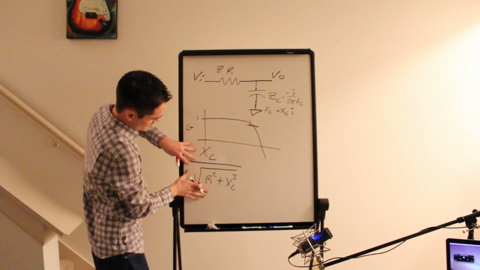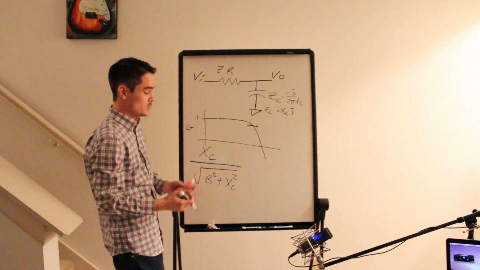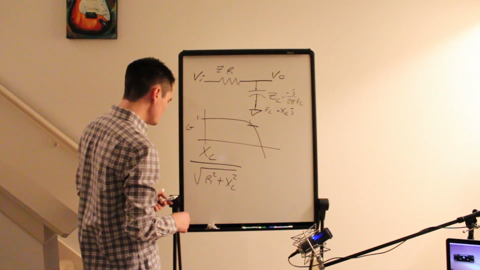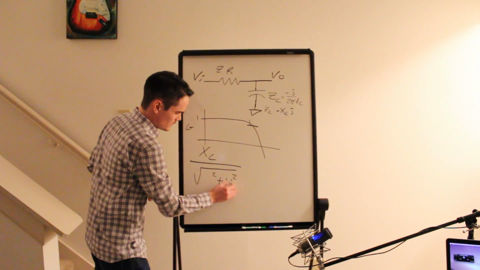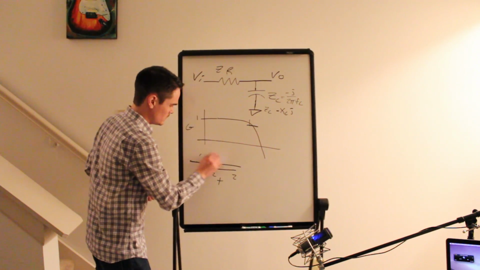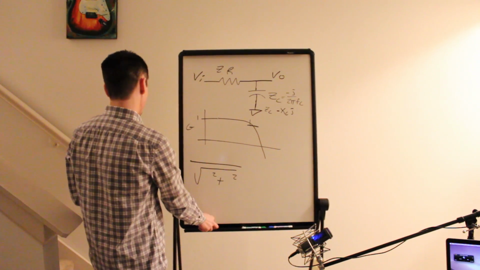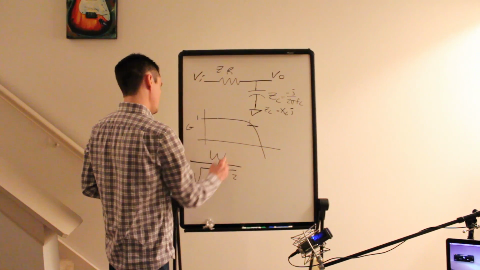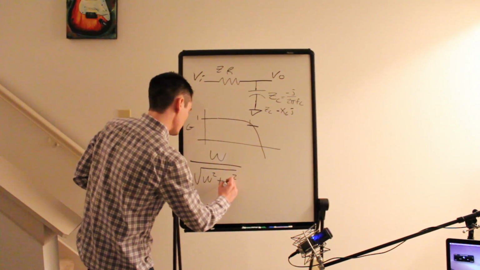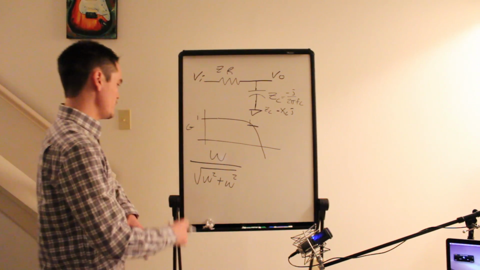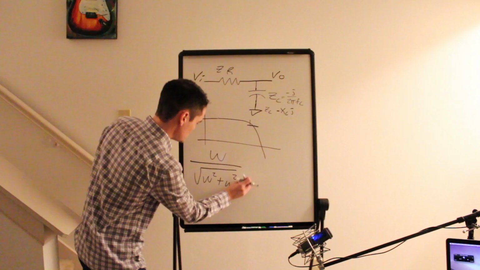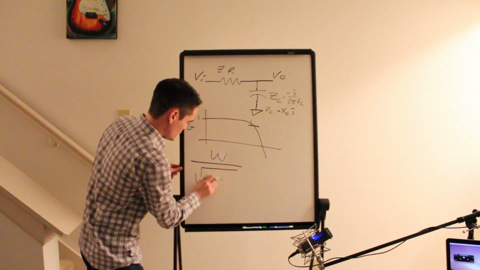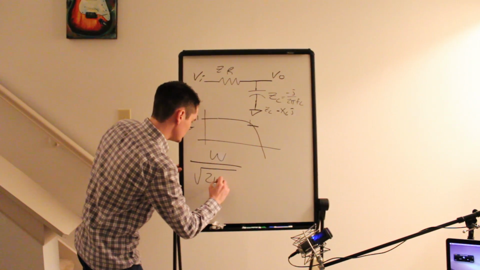So if we took this gain now, and let's make them equal to each other. So let's make a new term here. Let's make this term, I don't know, W. Everybody equals each other. What we can do now is combine these two in here. That becomes 2W squared.